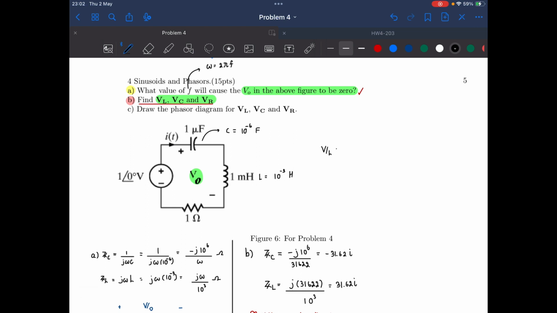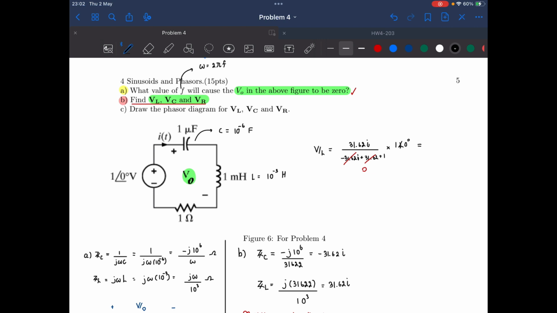The C is equal to this value, and then the C total here is this plus 1. This will cancel each other, and then we multiply this by the voltage source, which is 1 phasor 0 here.